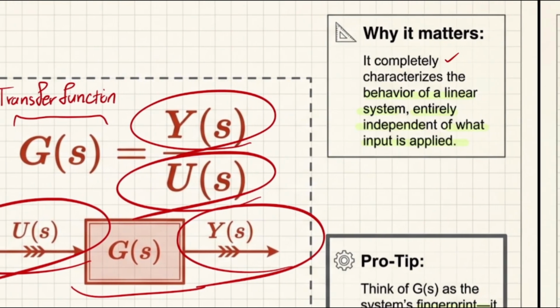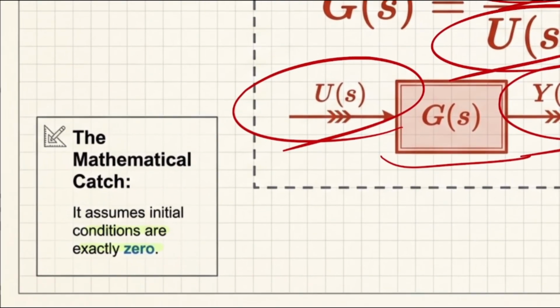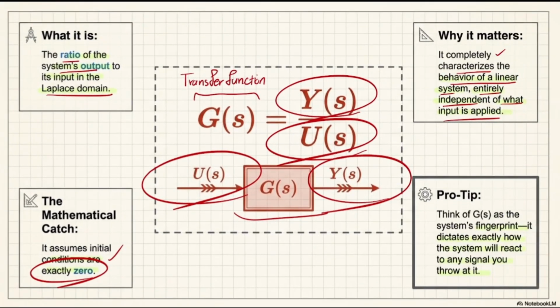Why do we use that? Because at this point, we completely characterize the behavior of a linear system, entirely independent of what input is applied. That's a good thing. The mathematical catch is that it assumes the initial conditions are exactly zero. One of the important things that we most of the time consider in our work, especially in the Laplace transformation, is that we automatically assume our system doesn't have any initial condition.